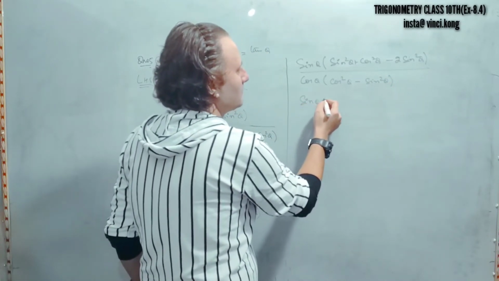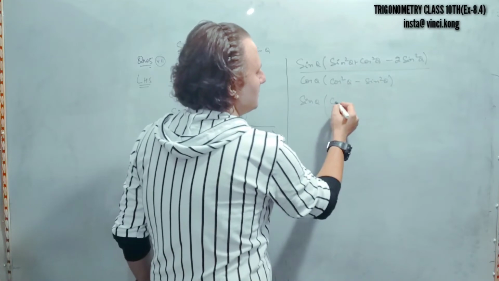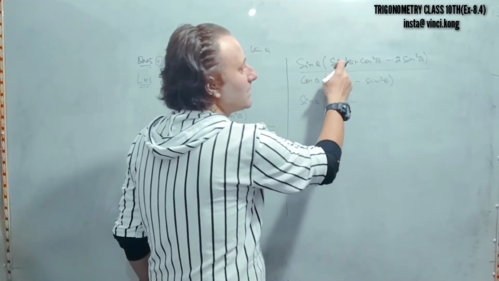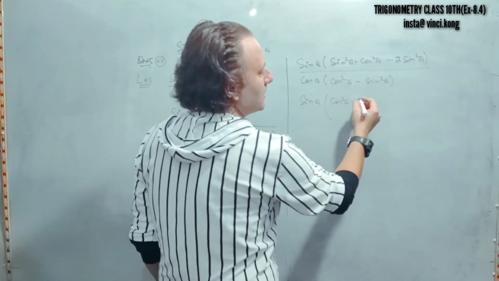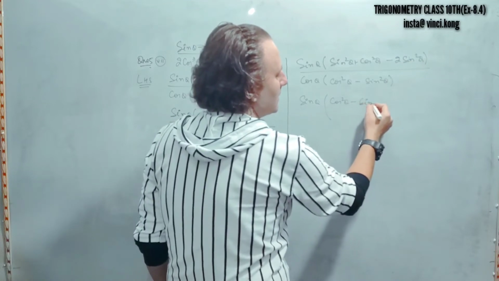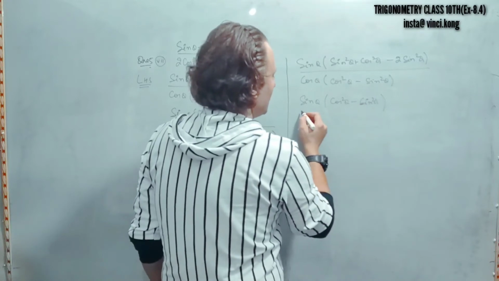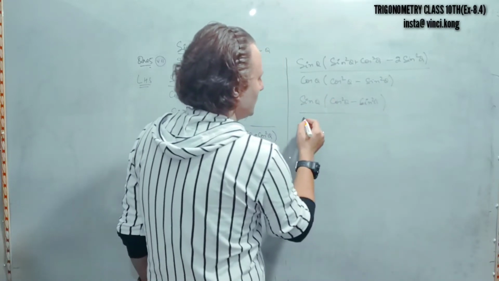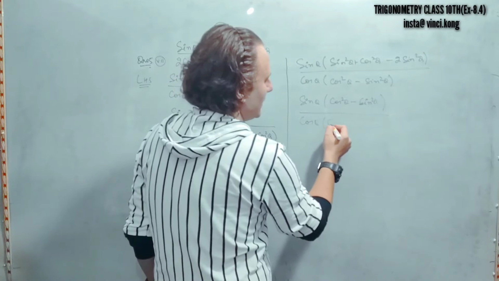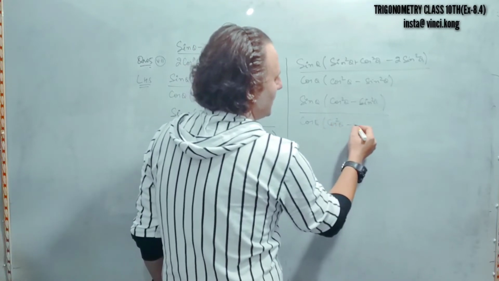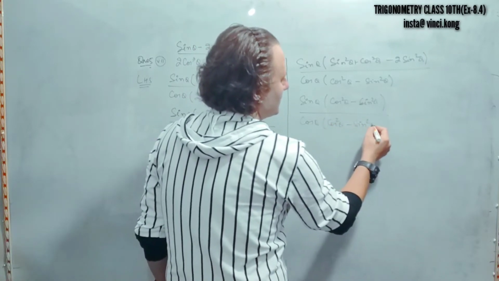In the numerator, sin square theta minus twice sin square theta remains minus sin square theta.